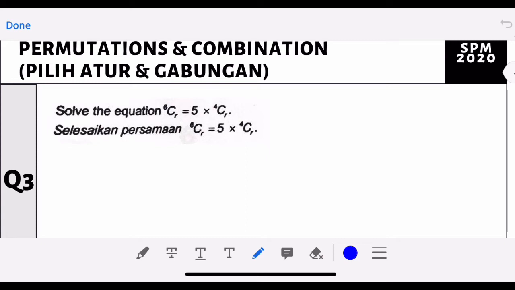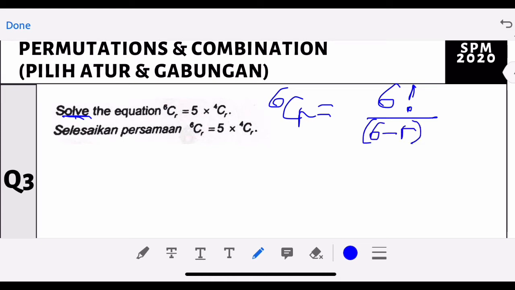Solve the equation. Okay, so you're given the equation like this. It's actually the nCr formula, so copy down the nCr formula from the formula list, because we need to apply it for this question. The formula for combination is n factorial over n minus r factorial, and then r factorial.